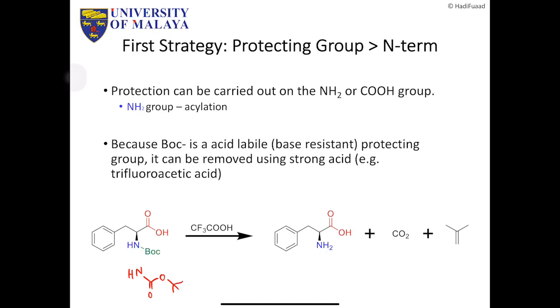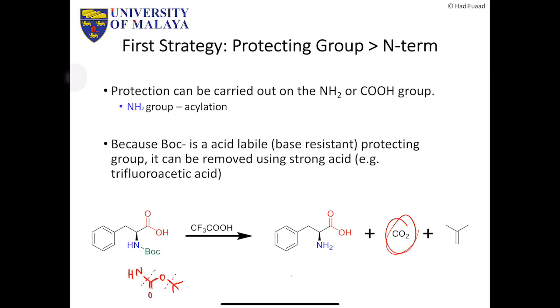With a strong acid, you can break this bond, and also this bond. And because this is an acid, normally when you mix an acid with any compound, it produces a little bit of heat. This heat promotes the formation of carbon dioxide, and towards the end you regenerate your amino acid.